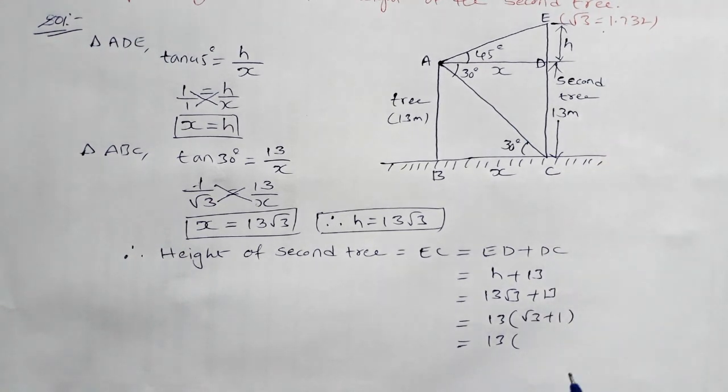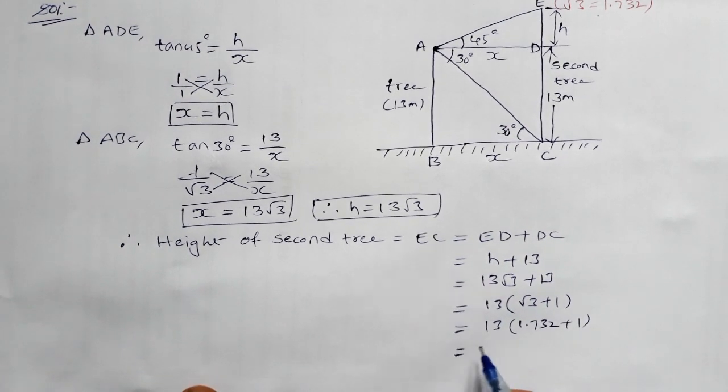Root 3 answer here is 1.732. So 13 into 1.732 plus 1, that is 13 into 2.732. So we multiply now, 13 into 2.732. The answer will be like this, 35.516.